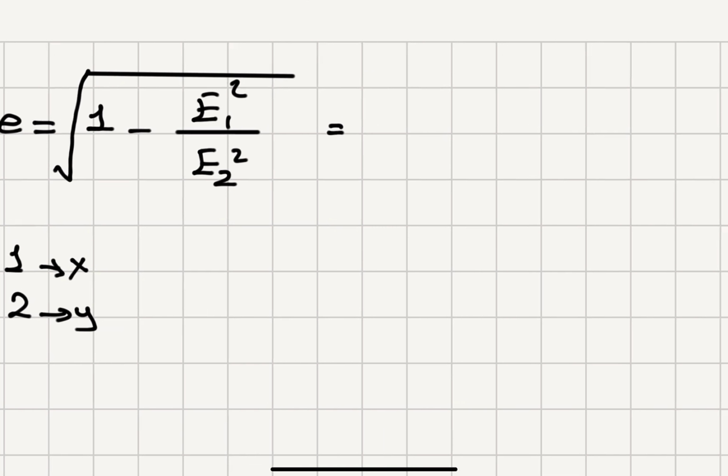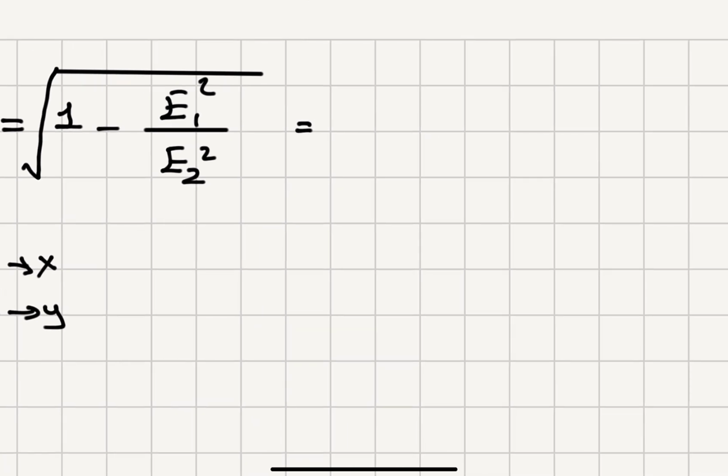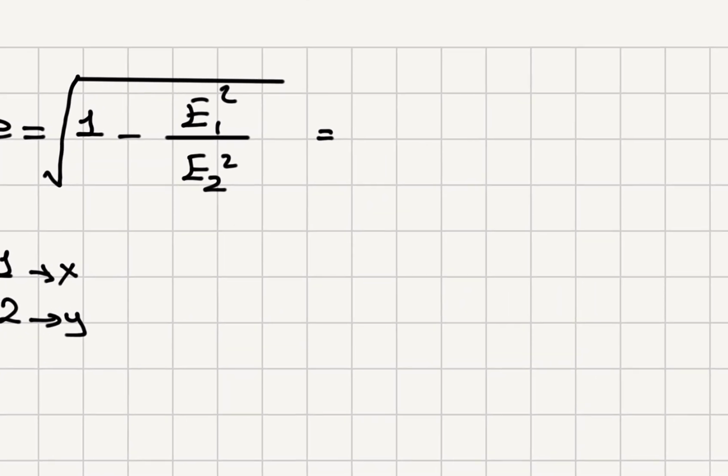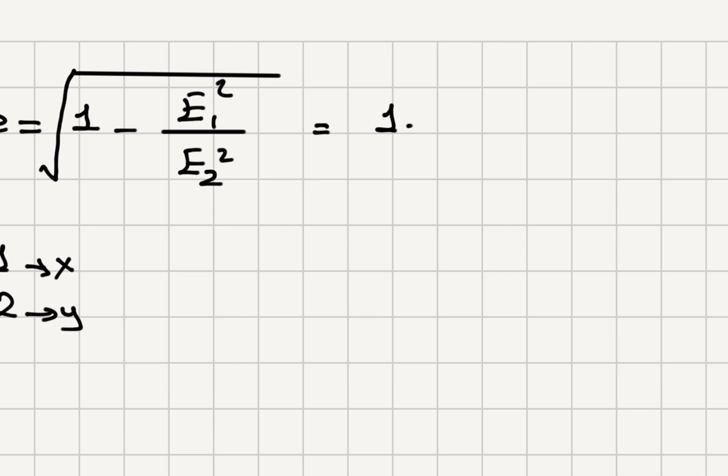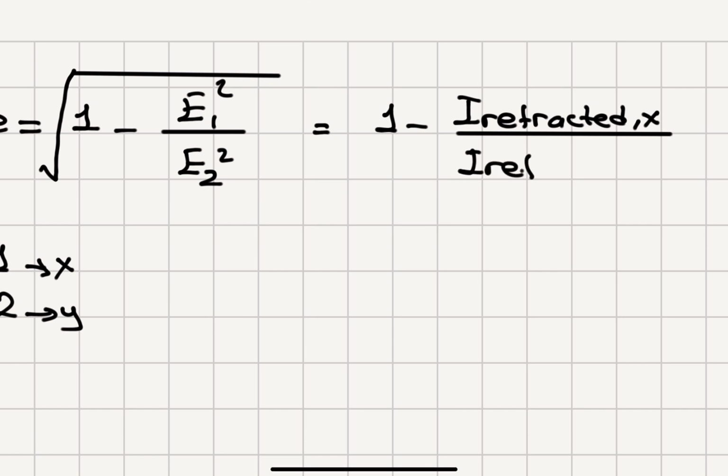Now we know that this ratio is also equal to the ratio of the intensities. So this is 1 minus intensity of the refracted wave, x component, divided by intensity of the refracted wave, y component, square root.